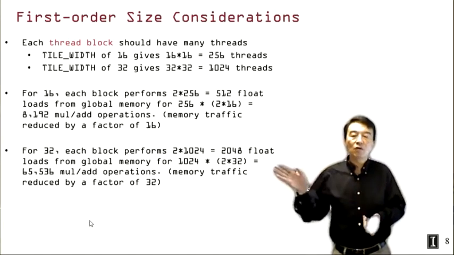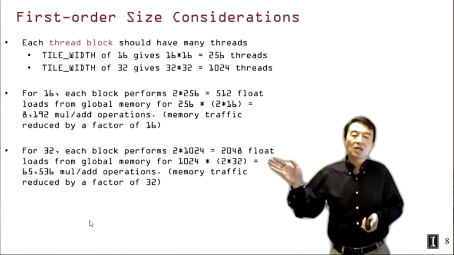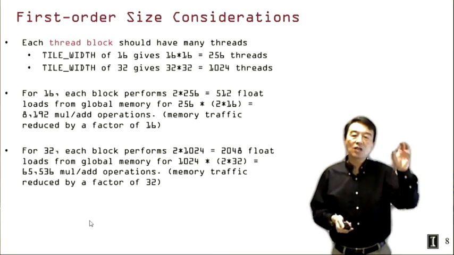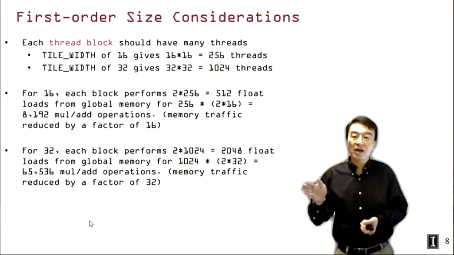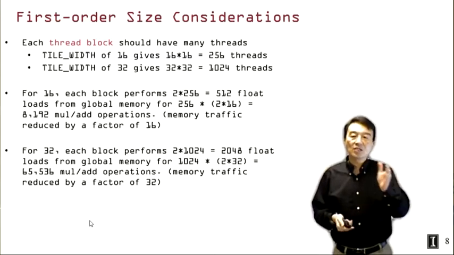So now we are seeing that for every 512 floating point loads from the global memory, we will perform 8,192 floating point operations. And in the simple matrix multiplication case, for every floating point operand we load, we are doing only one multiply add. So here, the ratio is actually improved by 16 times.